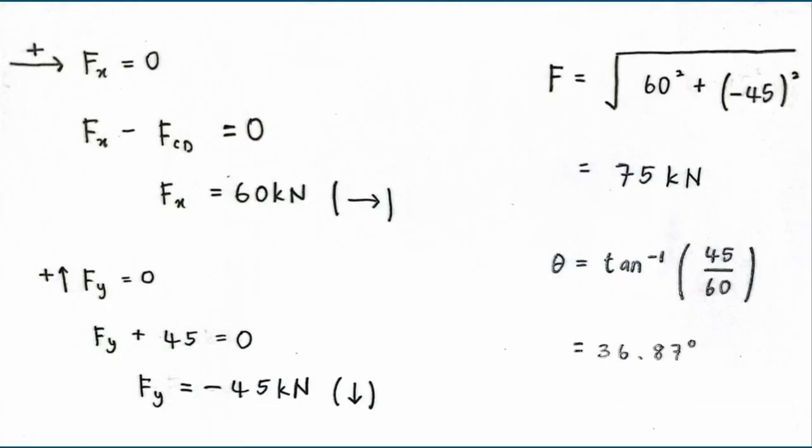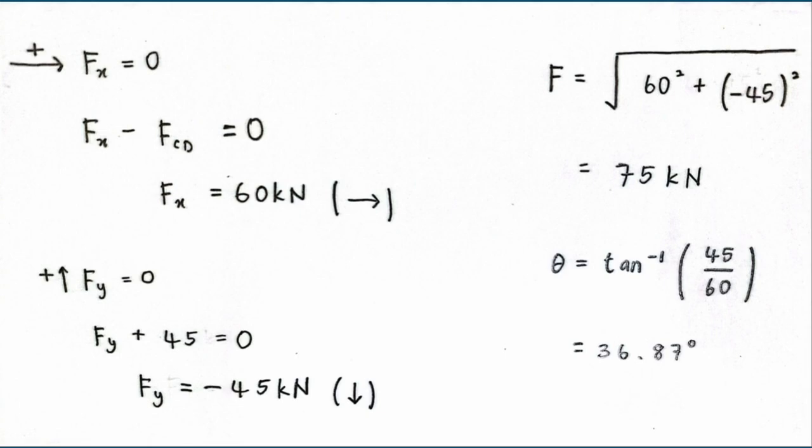And then we need to find the sum of Fx equal to 0. We assume that positive is to the right. So Fx minus FCD equals 0, and we find Fx equals 16 kilonewton, and the direction is to the right.